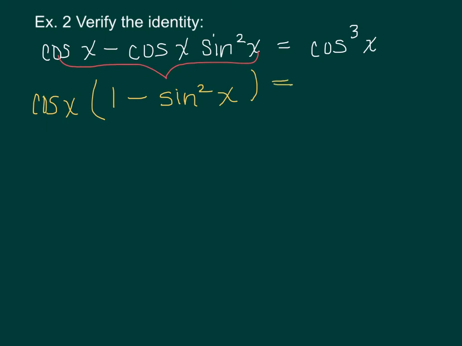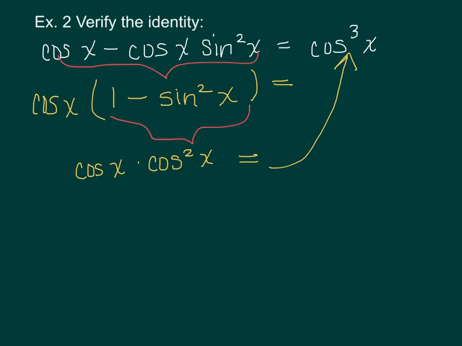Okay. If you look at your fundamental identities, 1 minus sine squared is the same thing as cosine squared. And if you notice, remember now, this is what we're trying to get to.